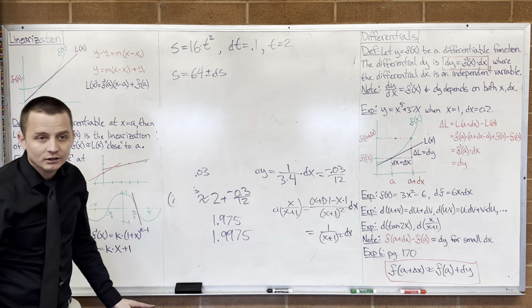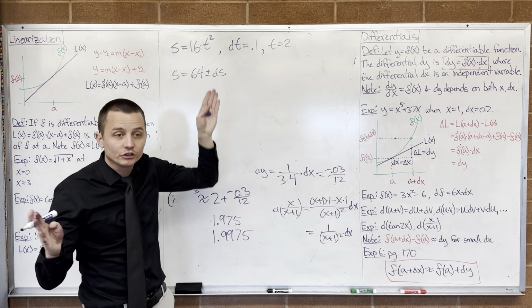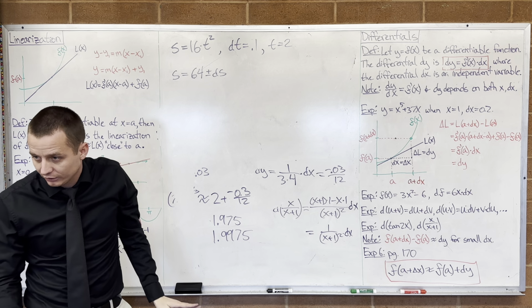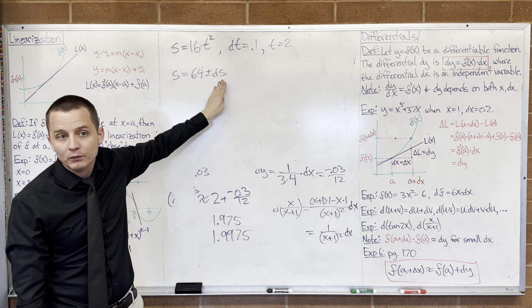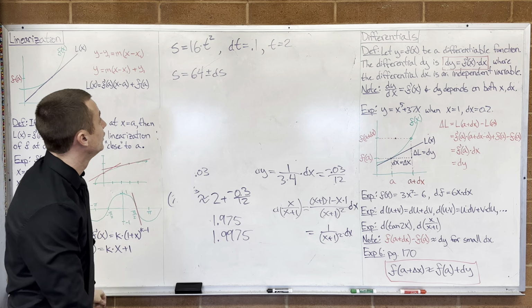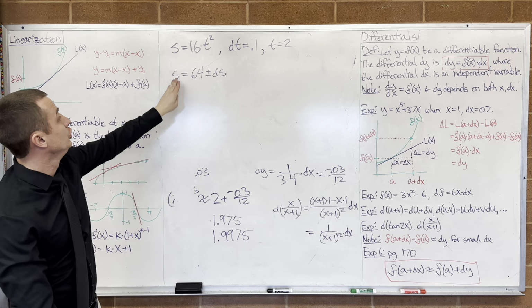Where did that come from? You could have started a little bit late and made your time a little bit shorter, or a little bit longer. So what is our potential ds here? Why is it ds and not dt?